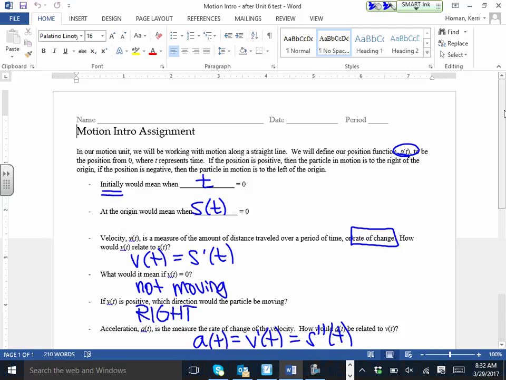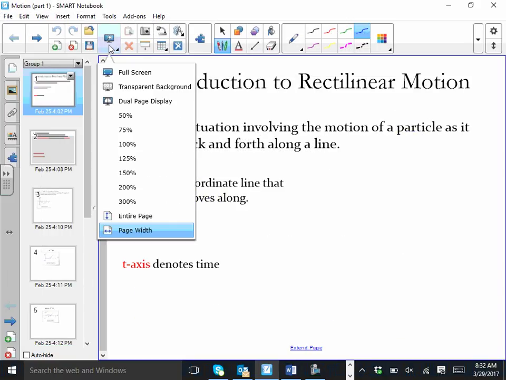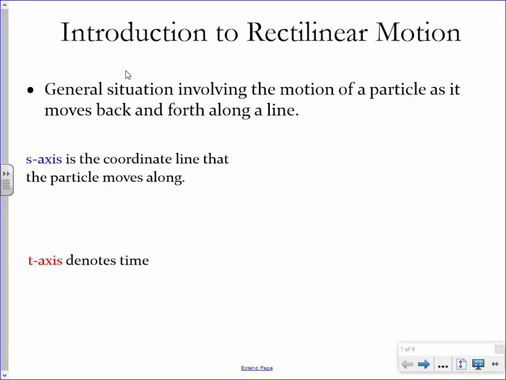But as long as you know that acceleration is the derivative of velocity, you're going to be all right. That's what we're going to do for the next 6 days. We're going to take everything that we've learned in calculus and apply it to this situation: position, velocity, acceleration. Okay? So let's get to work.